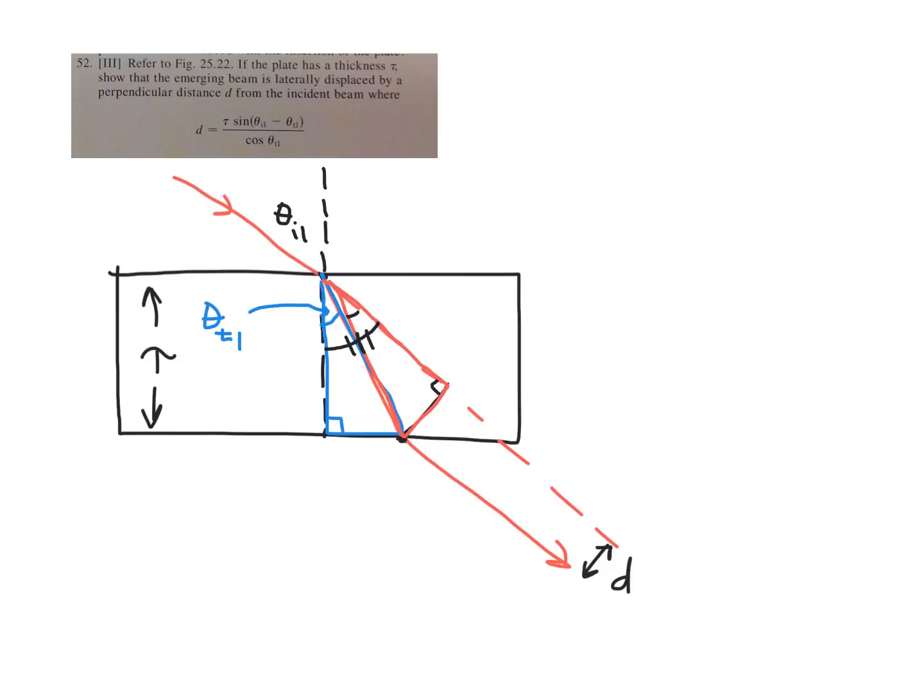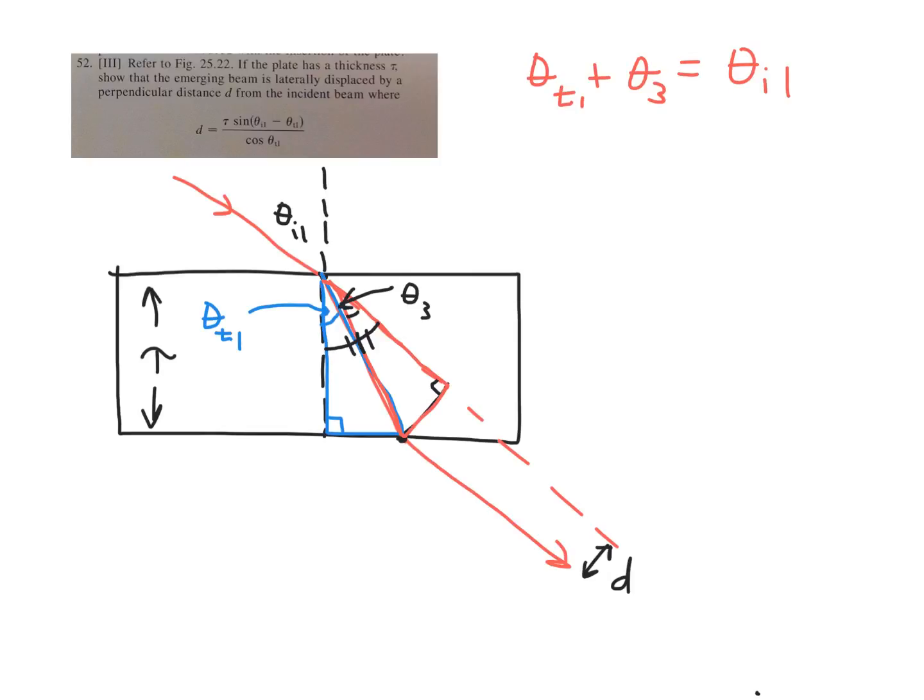This little angle right here, for lack of another thing to refer to it right now, I'm just going to call it theta 3, not theta 3I, theta 3T, just theta 3, because I do know that theta T1 plus theta 3 equals theta I1, angle of incidence number 1, because vertical angles are equal.